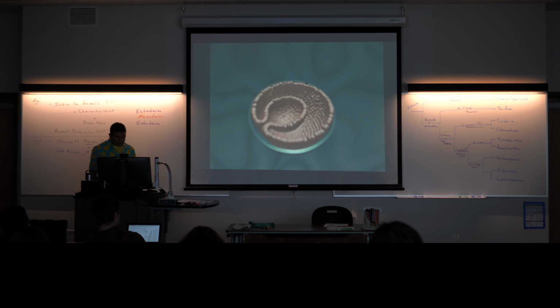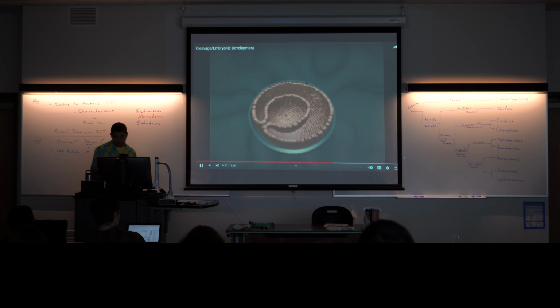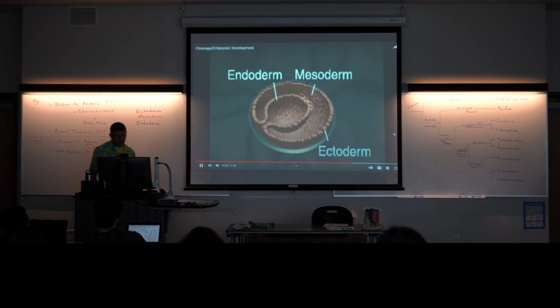This opening becomes the mouth in protostomes, such as worms and insects, or the anus in deuterostomes, such as birds and mammals. The third layer of cells, called the mesoderm, develops between the endoderm and ectoderm of the gastrula. In deuterostomes, the mesoderm is formed from clumps of cells that break off from the endoderm. The mesoderm gives rise to muscles, reproductive organs, and circulatory vessels.